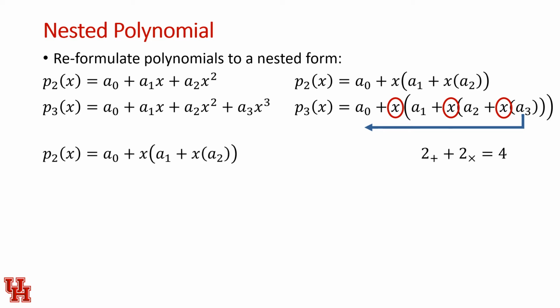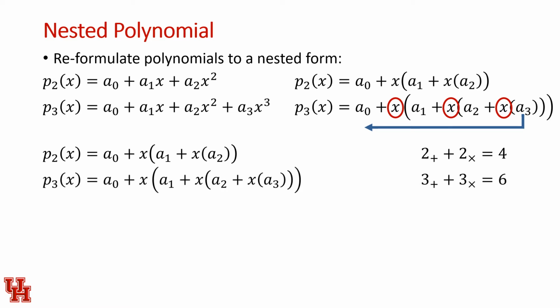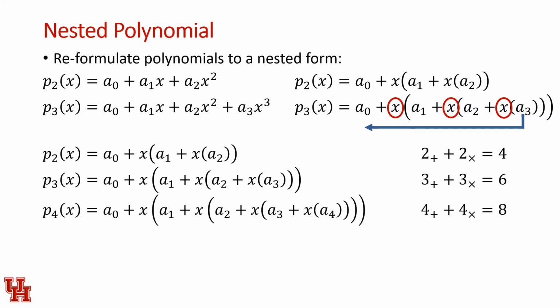Looking at the second-order nested expression, we see that a total of 2 additions and 2 multiplications are required, for a total of 4 floating point operations. The third-order polynomial requires 6 floating point operations, 3 additions and 3 multiplications, to evaluate in nested form. The fourth-order polynomial requires 8 operations.